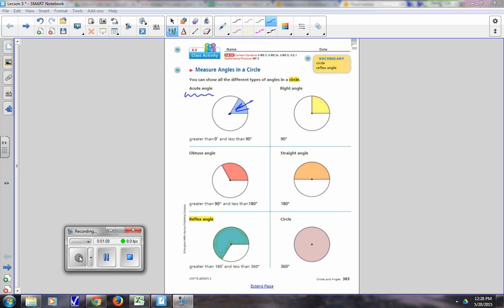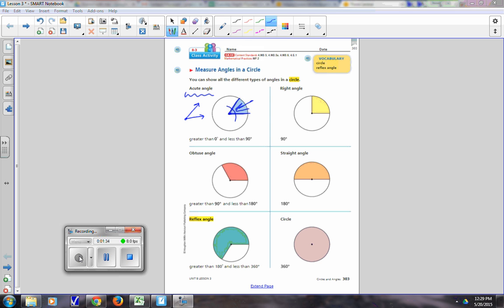You would measure it from your vertex along the base, and the angle that you're looking at here is this one, okay? And it's greater than 0 degrees, but less than 90. Sounds kind of like our acute angle that we would draw with 2 rays, yeah? Exactly. It's just putting it in the context of a circle, okay?